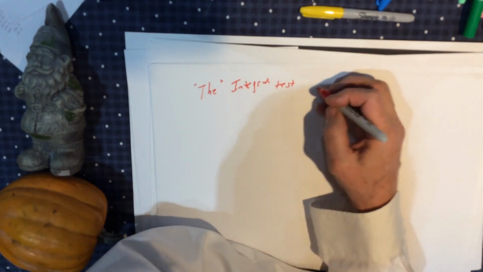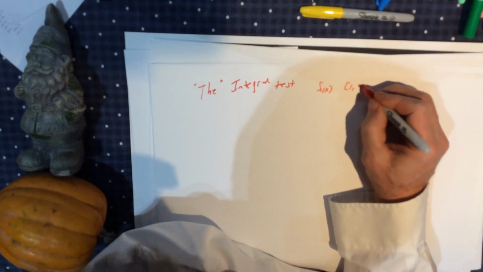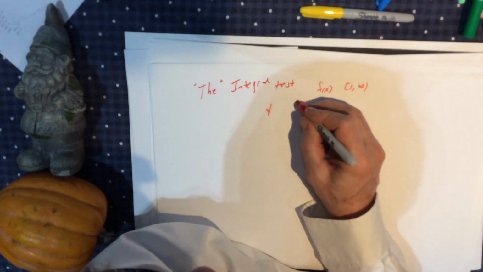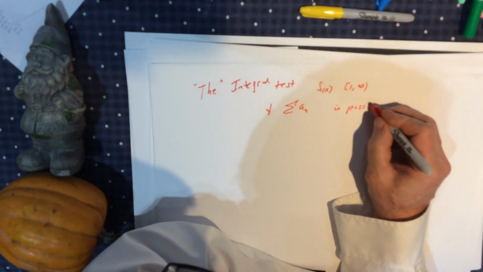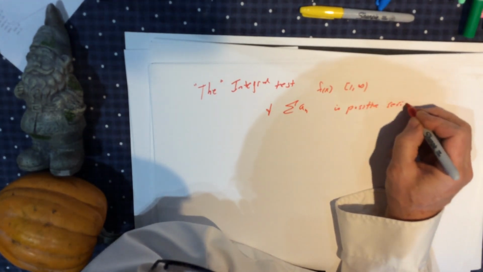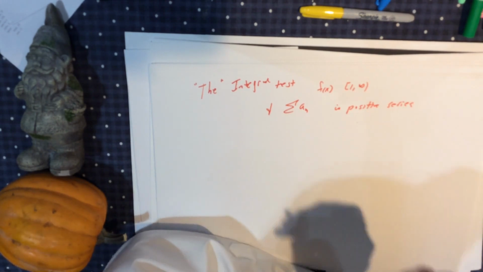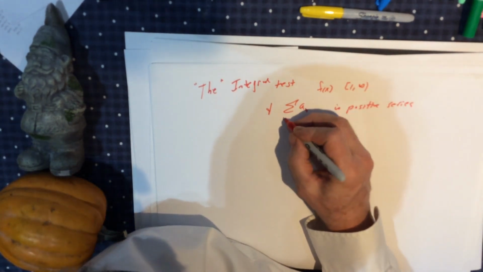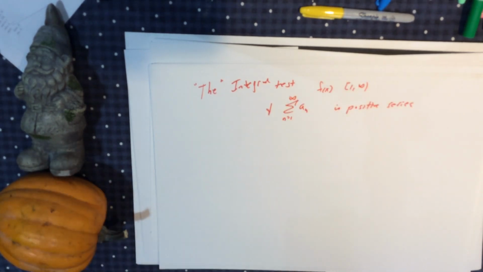So we're going to make sure that f of x is defined on 1 to infinity, and the series a sub n is a positive series. And let's also have the a sub n start at 1 and go to infinity.